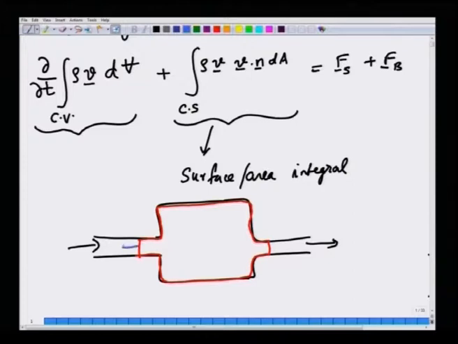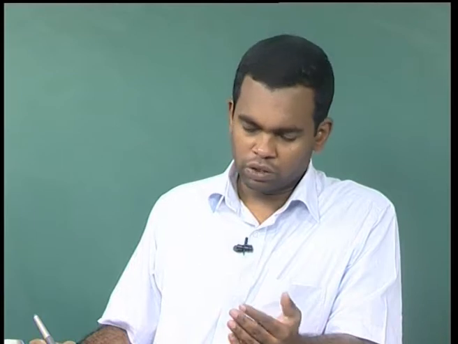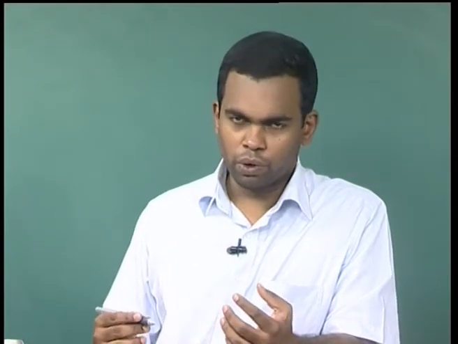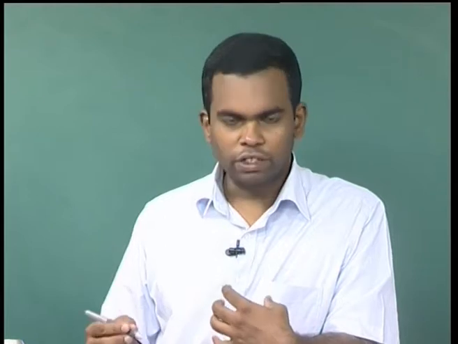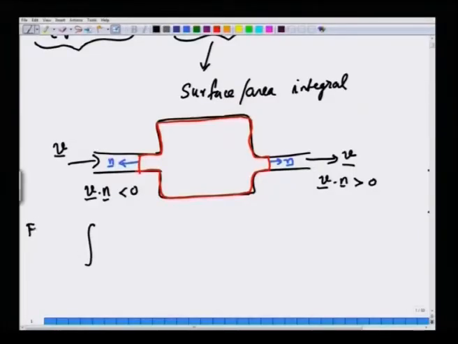As I have told you several times in the last two lectures, v dot n is always negative in the entrance and it is positive in the exit, regardless of the choice of coordinate system, because v dot n is a scalar quantity, a dot product of the velocity and the normal to the control surface.